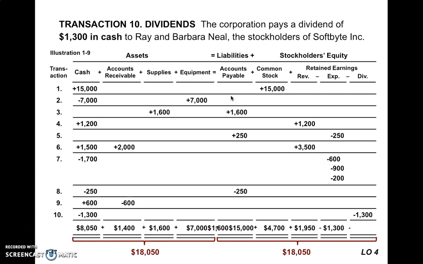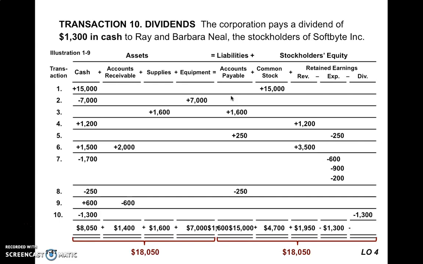So this company had 10 transactions in the first month, and after all transactions were recorded, we come up with the ending balance of each account, each item, each asset, each liability, and each part of the stockholders' equity.